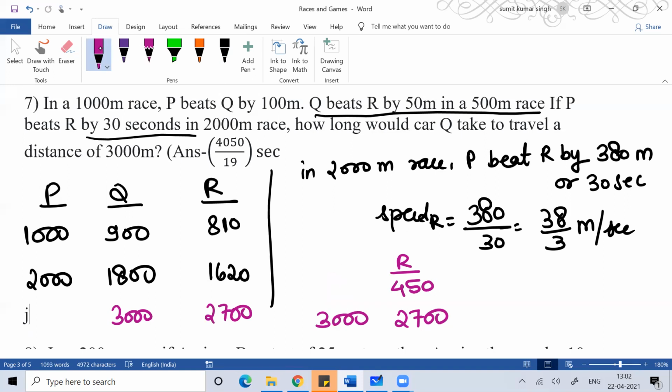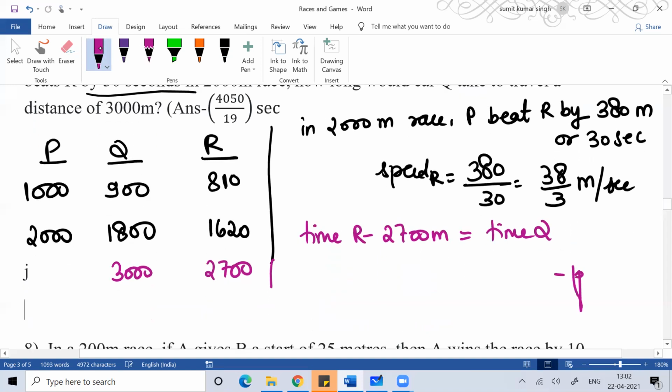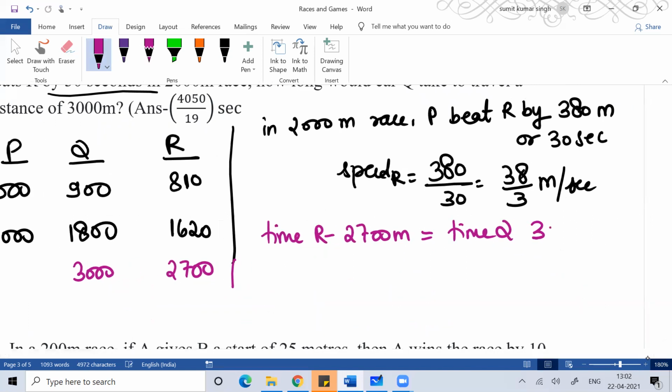Okay, so you know the speed of R is 38 by 3 meter per second. The time in which R covered 2700 meter, in the same time Q has covered 3000 meter. The time R takes for 2700 meter you can find by the formula 2700 divided by 38 by 3.